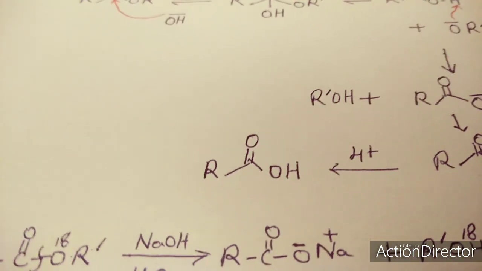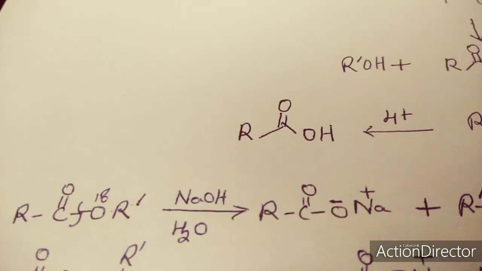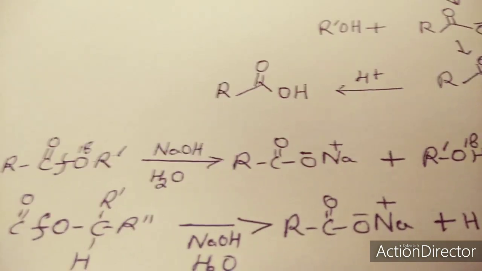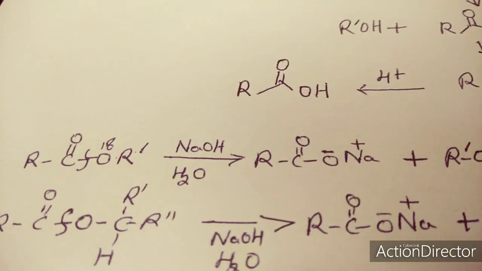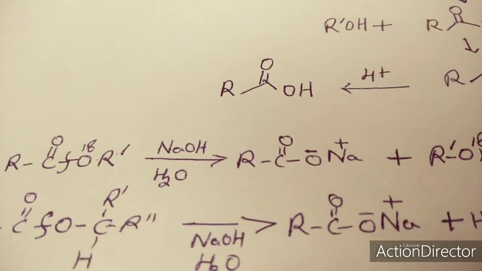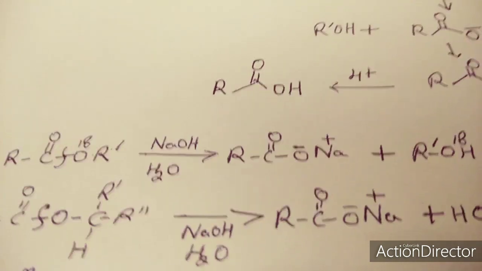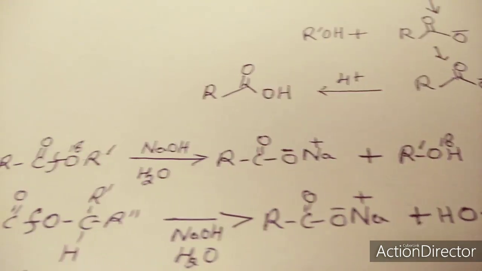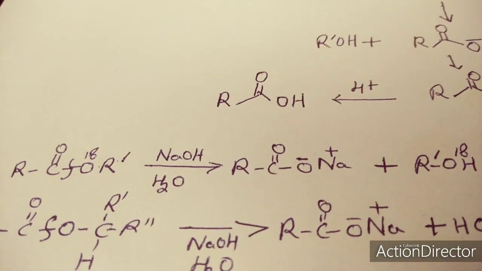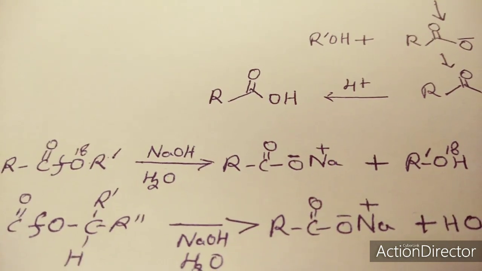Moreover, if we take the ester such that the carbon is optically active. Which carbon? Again, the carbon which is attached to oxygen, that is the portion which has been derived from the alcohol. So this, as we can see, is optically active. Therefore, what will happen after hydrolysis?